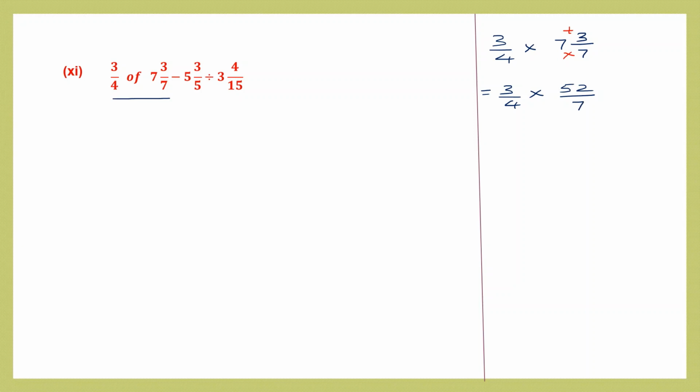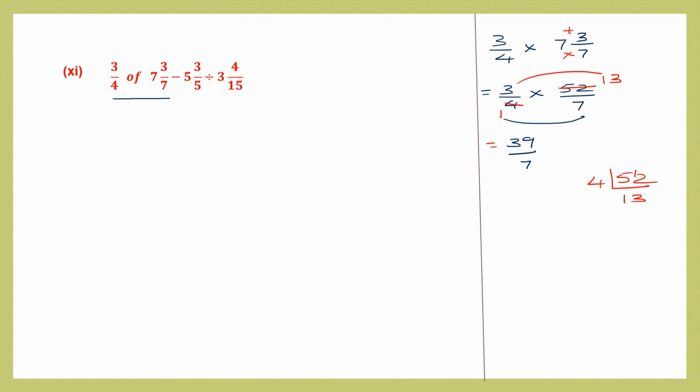Now what can we cancel? We can cancel 4 and 52. So 4 ones are 4. We can divide 52 by 4 and see what we get. Short division. 4 ones are 4. What's remaining? 1. 12. 4 threes are 12. That means 4 into 13 is 52. Is there anything else that we can cancel? That's it. We can't cancel anything else. So let's multiply the numerators. 13 into 3 is 39 and the denominators 1 into 7 is 7.